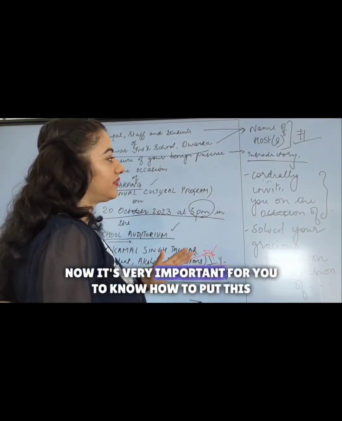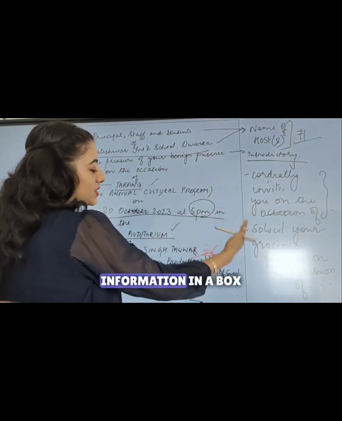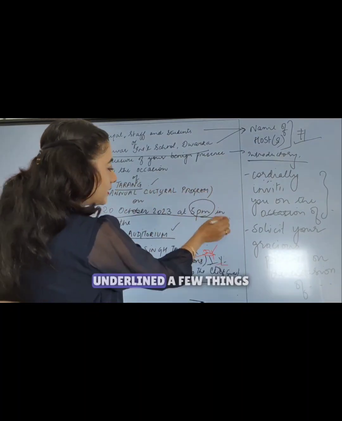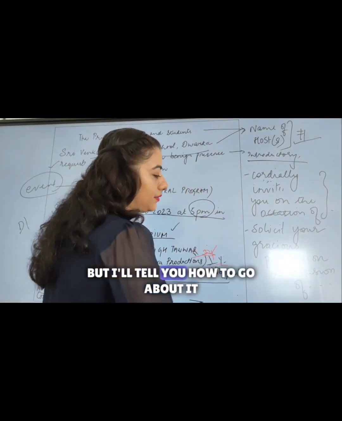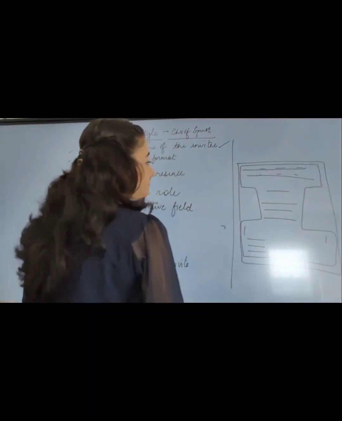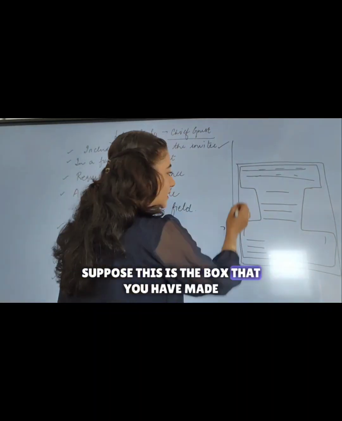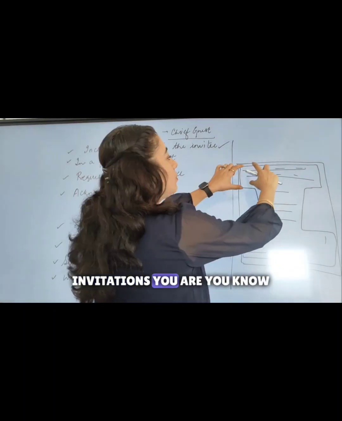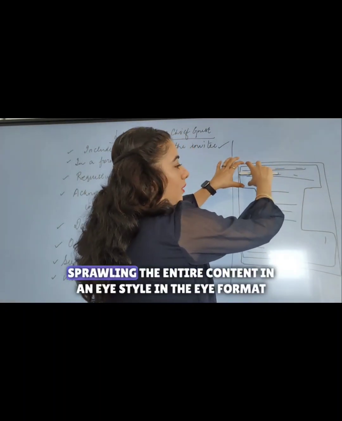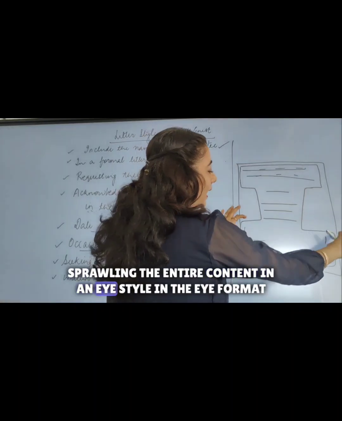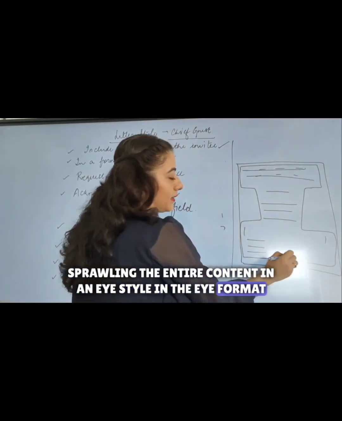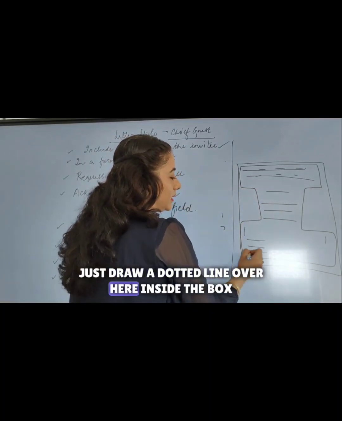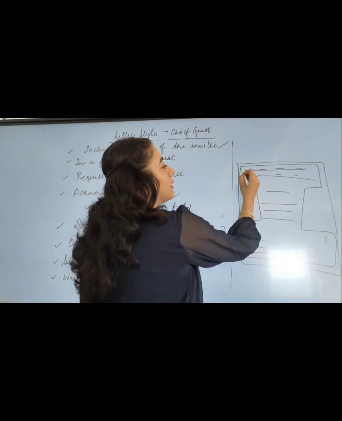Now it's very important for you to know how to put this information in a box. Right now it may seem to be sprawled because I have underlined a few things, but I'll tell you how to go about it. Suppose this is the box that you have made. Always ensure when you're practicing questions on invitations, you are sprawling the entire content in an I format. Now what do I mean by that? Just draw a dotted line over here inside the box.